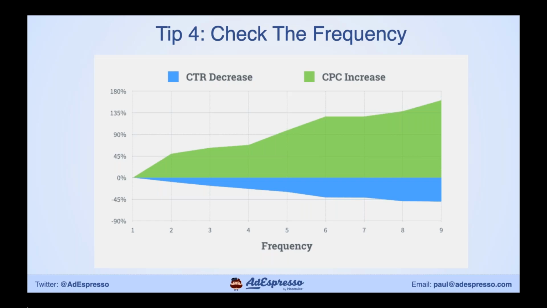Rough guide there: if people have seen your ad 3 times, they'd either have taken action and clicked on it, or they're probably not interested. Remember, this only applies if your ad is underperforming. Sometimes I've had ads with a frequency of 10 that are still working well. I'm not going to turn it off just because the frequency is high, but if you find your ad isn't working and frequency is high, that's probably the reason why.